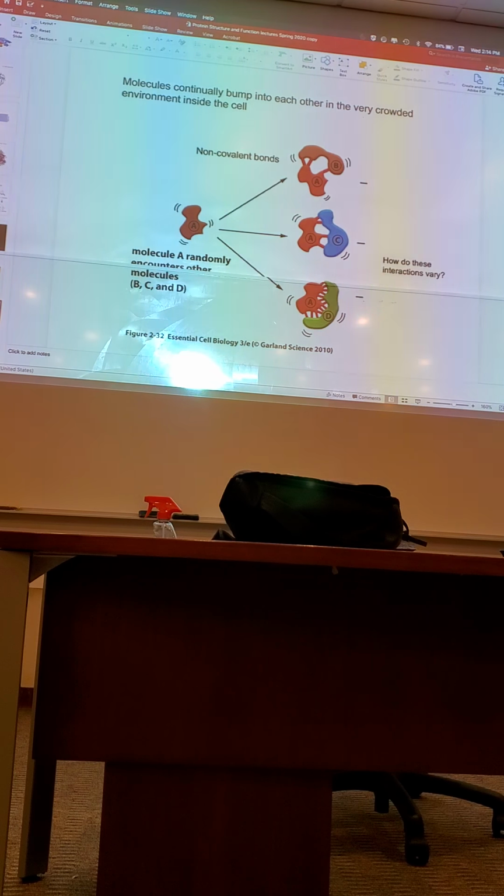If we believe this idea that a protein has mostly nonpolar groups on its inside, and polar groups on its outside, it's actually being shielded by water a lot, but it'll be bumping into other molecules. So then the question is, what happens when it bumps into another molecule? What happens when one protein bumps into another one? The motion of the molecules is going to make sure that it's bumping into a lot of molecules all the time.